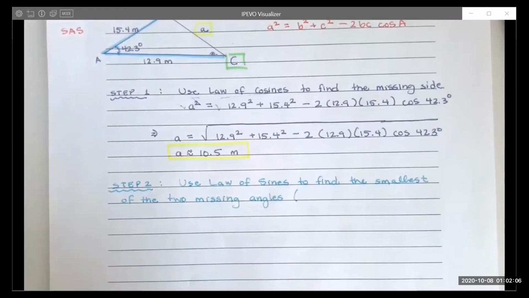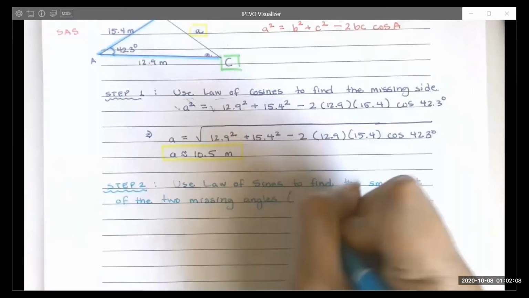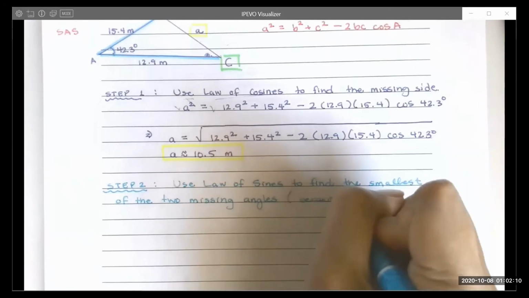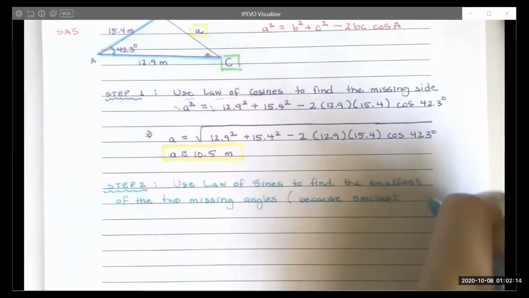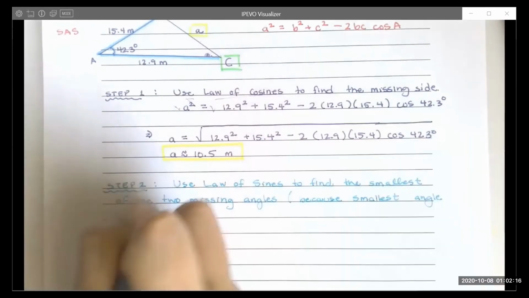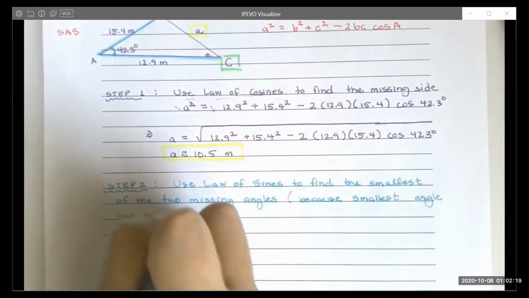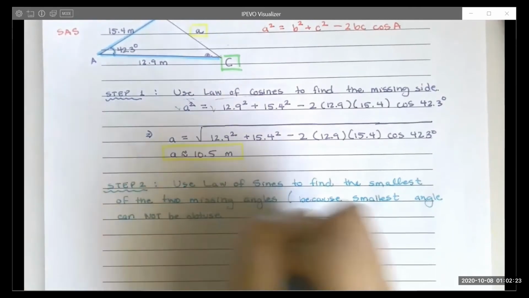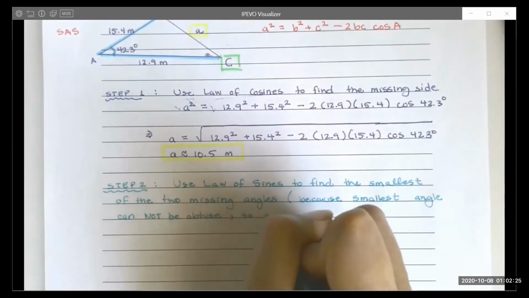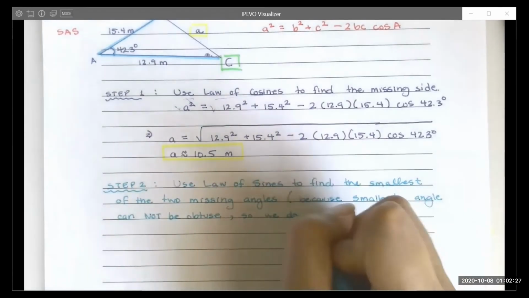Okay, so right here I'll write because the smallest angle cannot be obtuse. So we don't have to worry about the obtuse case.